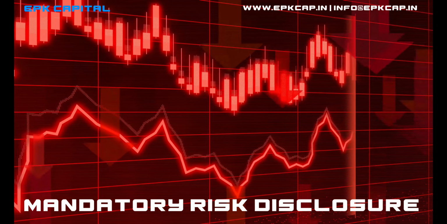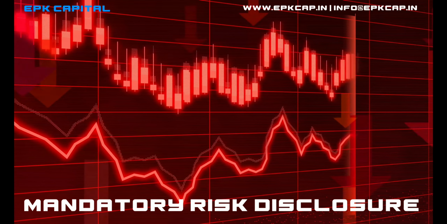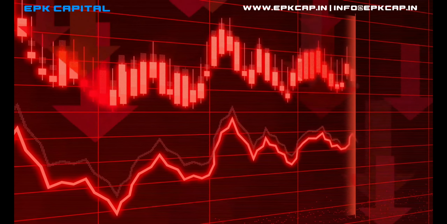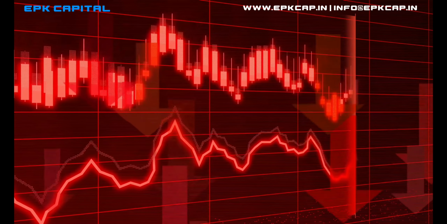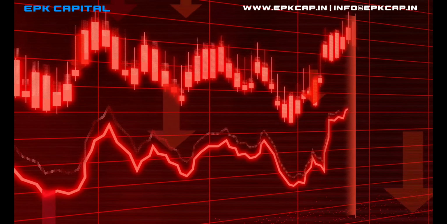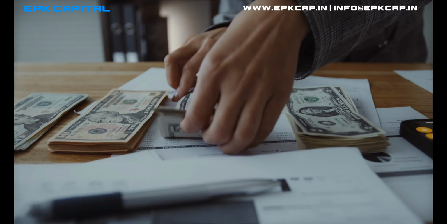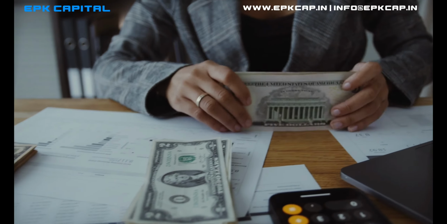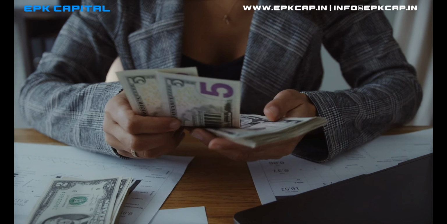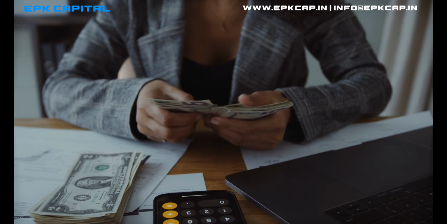Mandatory risk disclosure. Mutual funds are required to disclose the risk factors associated with their schemes prominently in their offer document. This gives the investor an idea of the risk they are taking on by investing in that scheme.